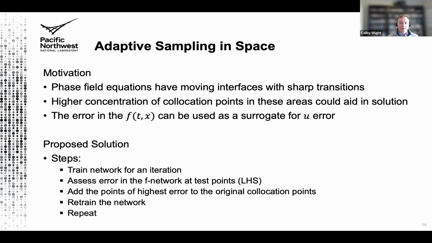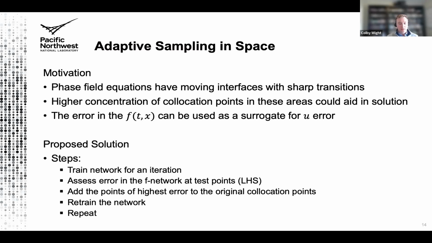And one of the other things we found is that the error in the residual F network was related to the error in this U network. So we could use that as a surrogate for how to find where our solution is not being learned well. So the algorithm we proposed went like this.